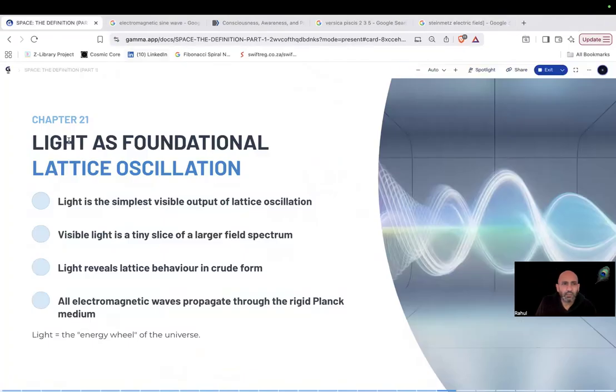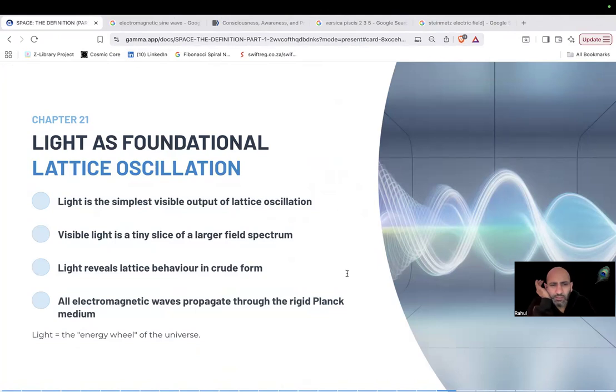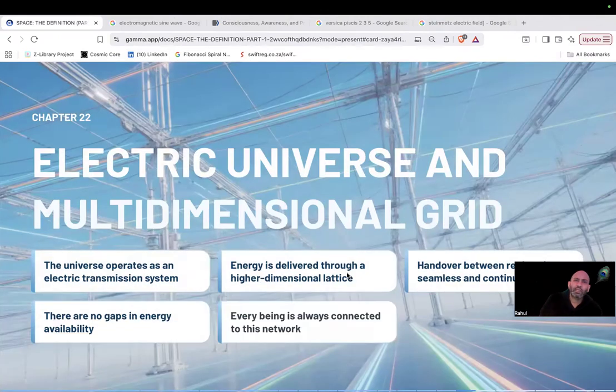Let's close that. So yeah, light as a foundational lattice oscillation. Good. Electric universe and multidimensional grid. The universe operates as an electric transmission system. Now, have I explained this properly? I don't think so.